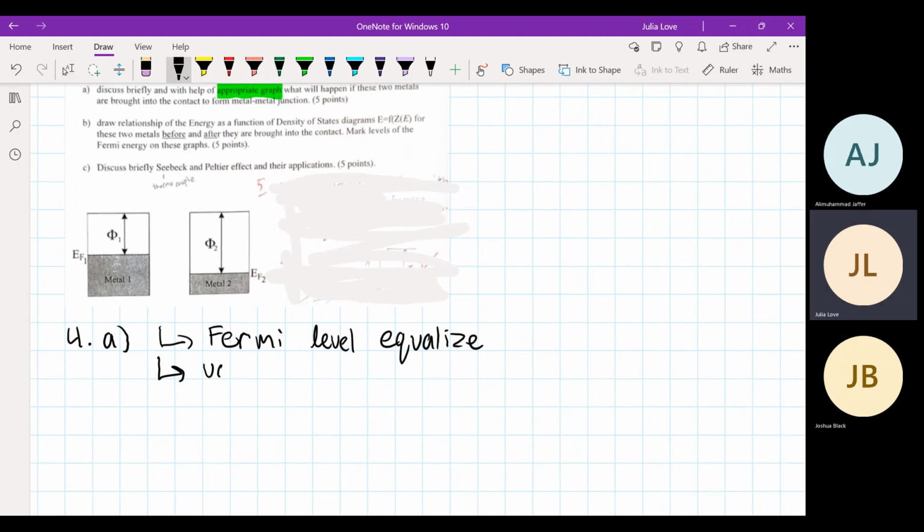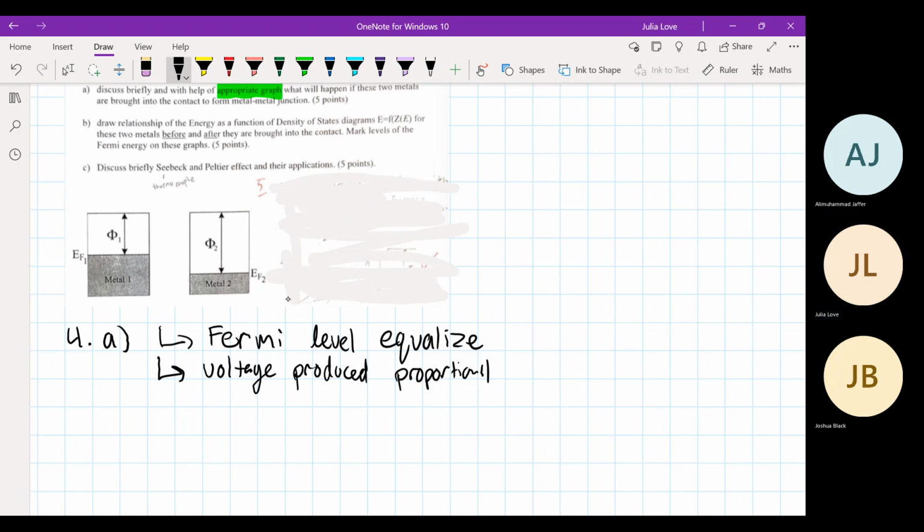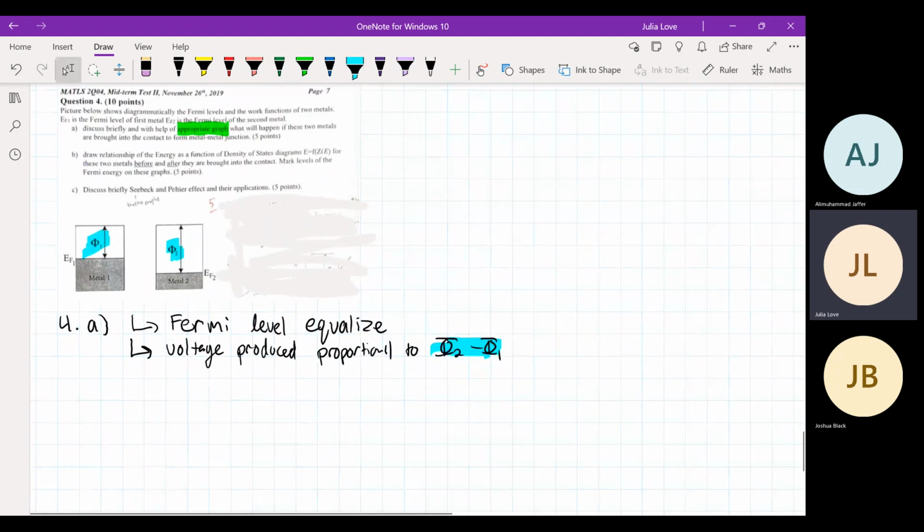And then the voltage that's produced by this metal to metal contact is proportional to the values here. I'll just highlight that these are the relationships of the metals. So you bring them together, the voltage will just be the difference between the two.